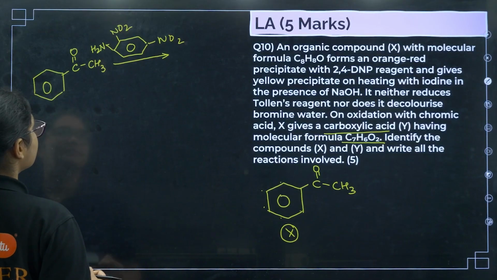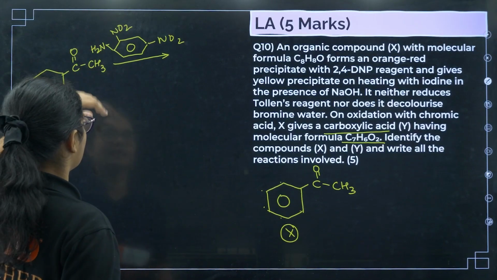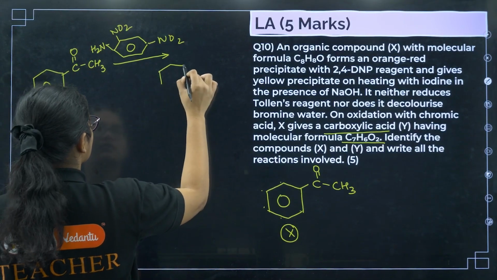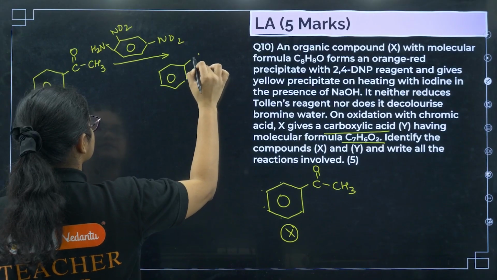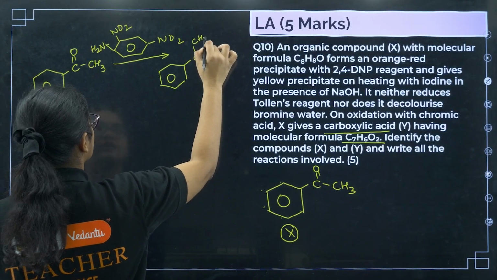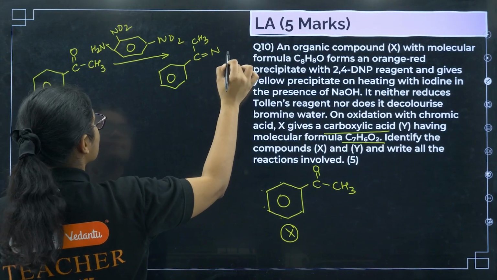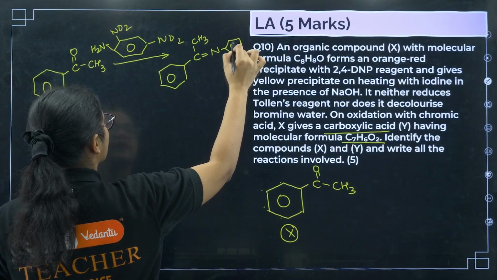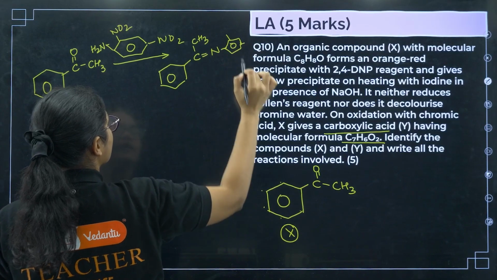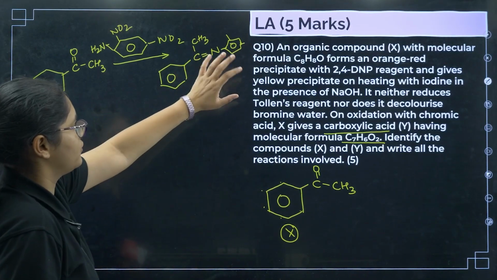What will happen? This group will be removed and we will get a product like this: CH3 double bond N, then you have NO2 group here and NO2 group here. Please put down the NO2 groups here.